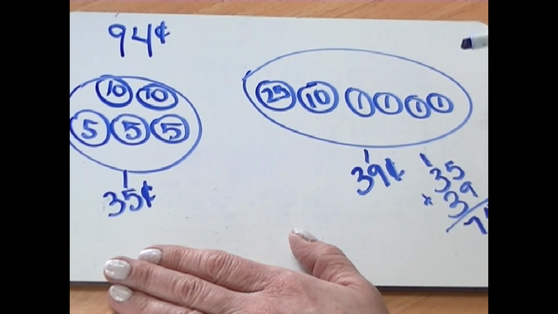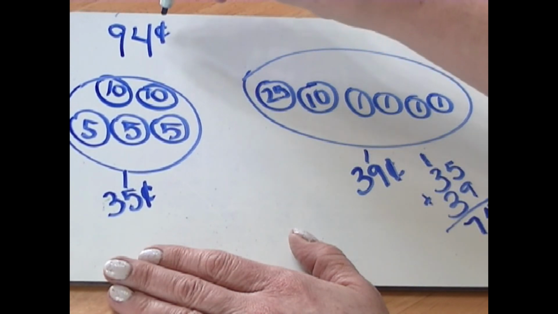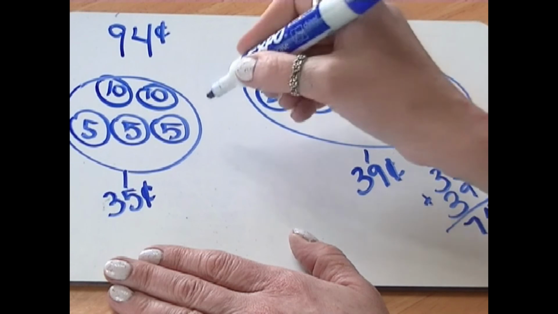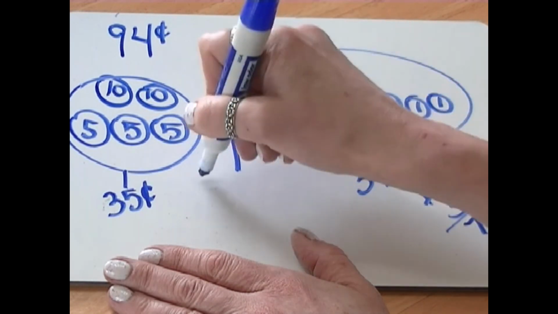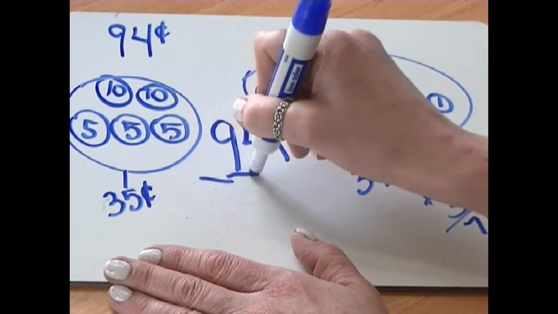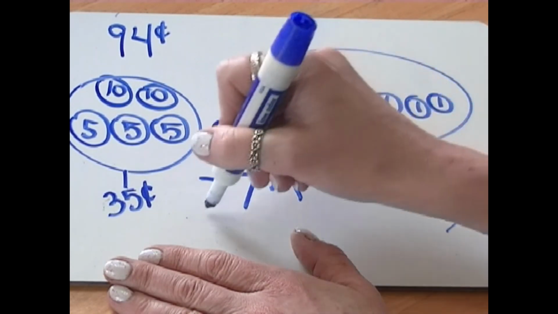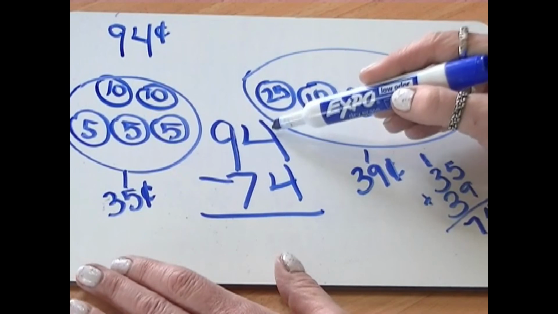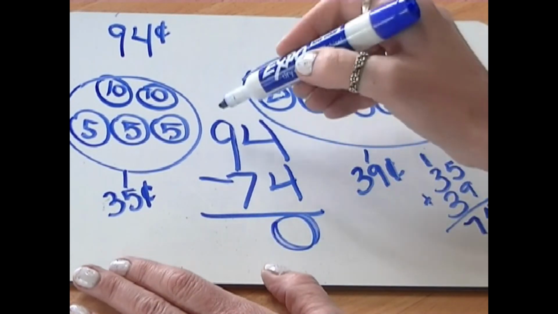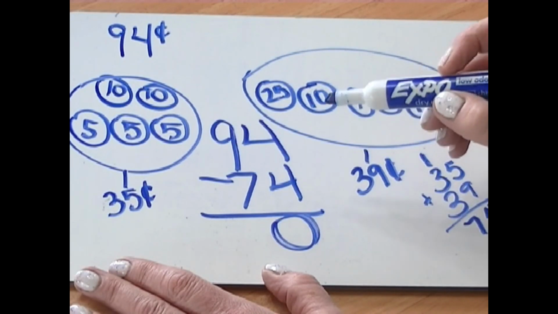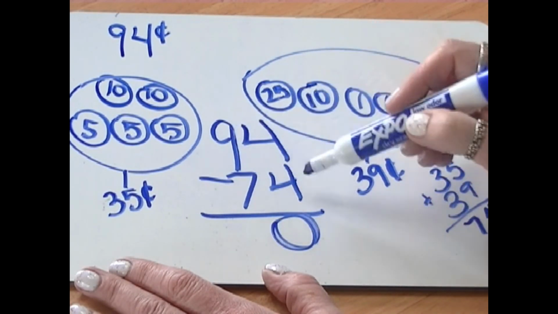Very good, that's right. We're going to subtract this 74 cents out of how much Miles the Moose started with, which was 94 cents. So here we go. 94 cents minus 74 cents. Ooh, lovely, look at that. 4 minus 4, haha, 0. That was easy smeezy. Now, 9 minus 7. I like to start at the low number and kind of count up to the higher number.